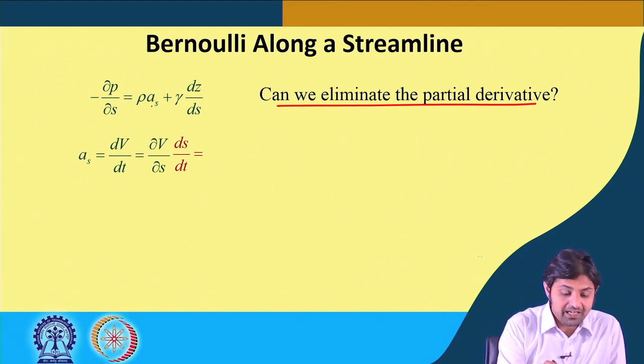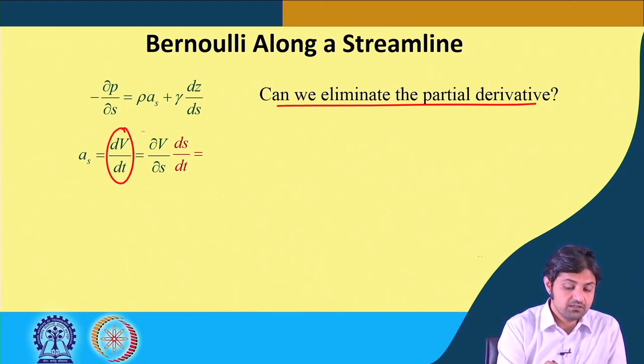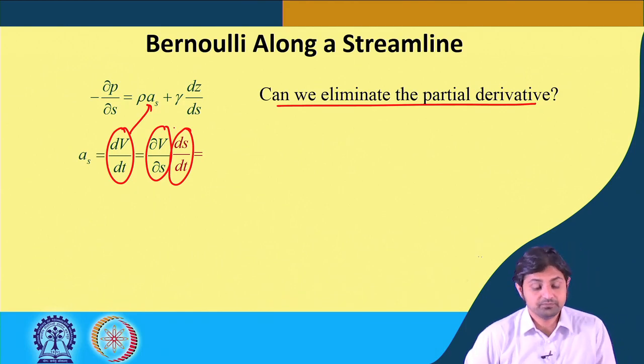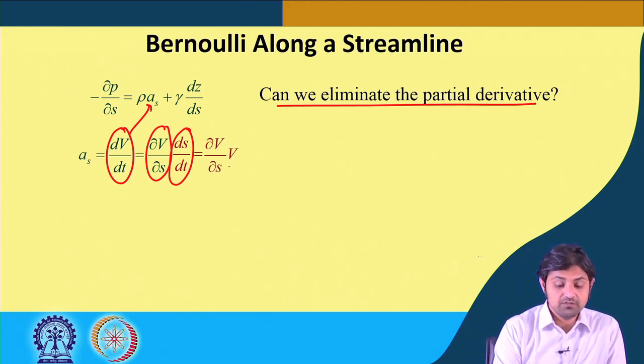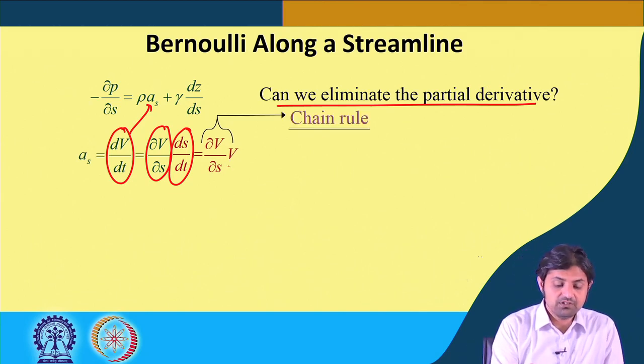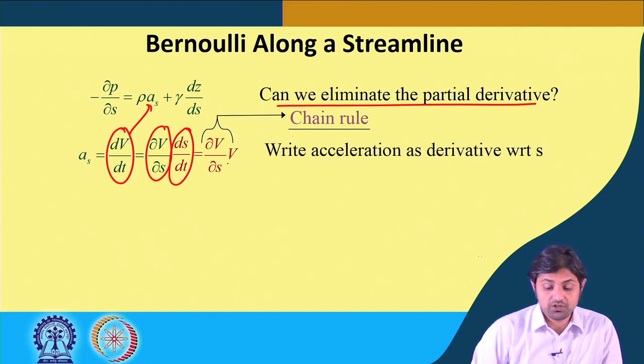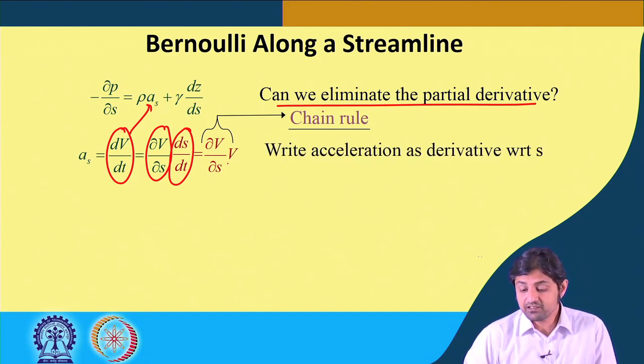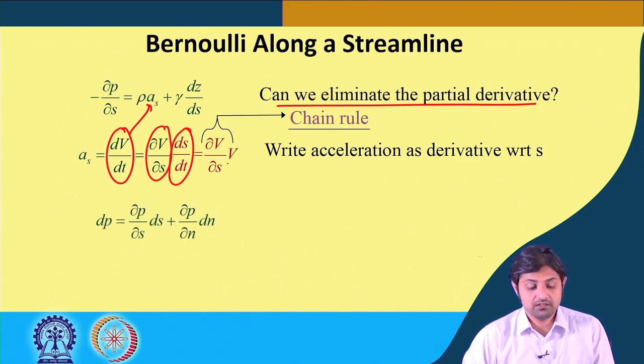Yes. a_s is actually the total derivative dV dt, and this can be written as del V by del S multiplied by ds by dt, which is V del V del S. This differentiation is called the chain rule. We write acceleration as a derivative with respect to S.